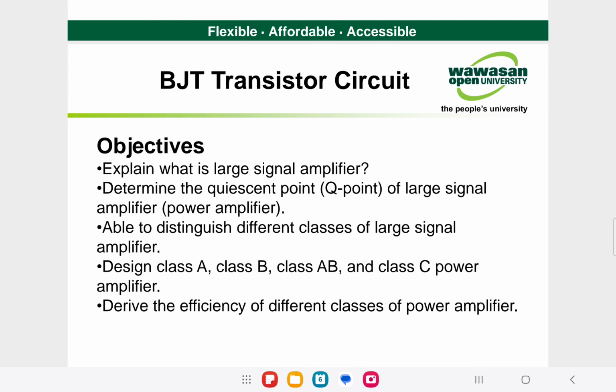It can be used to provide signal power to, for example, a speaker of typically 4 ohms of resistance, or if we want to transmit signals at a transmitting antenna of, for example, 300 ohm resistance. That is for the transmitting part.